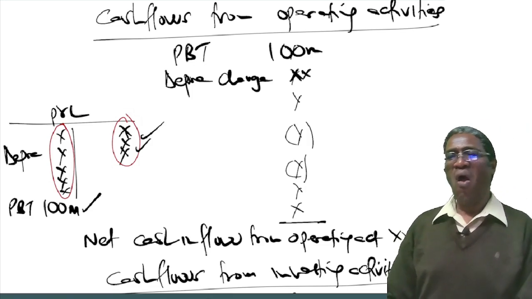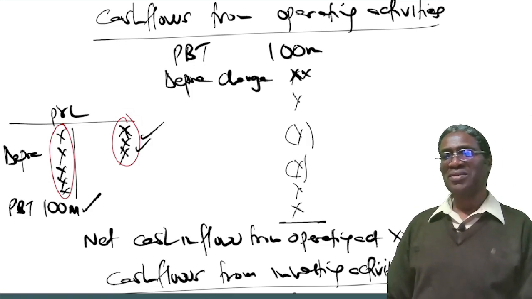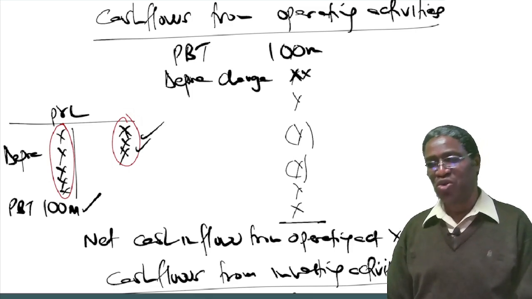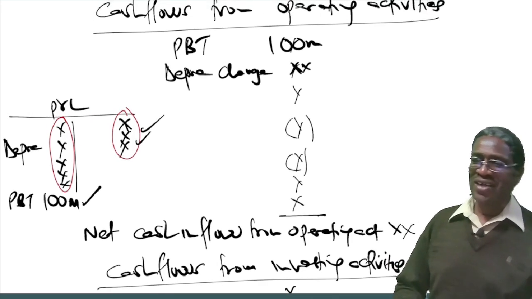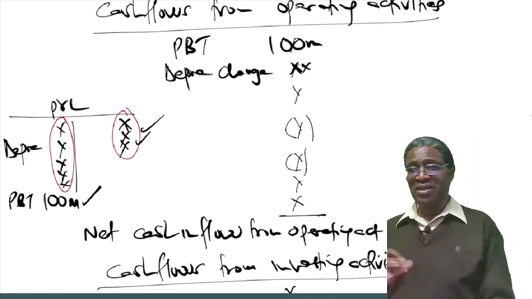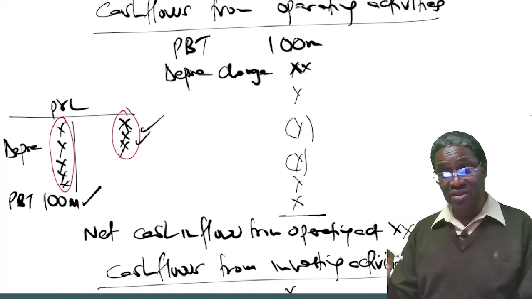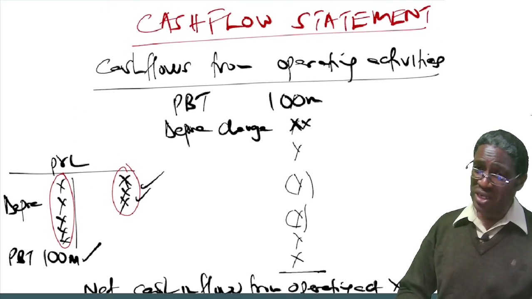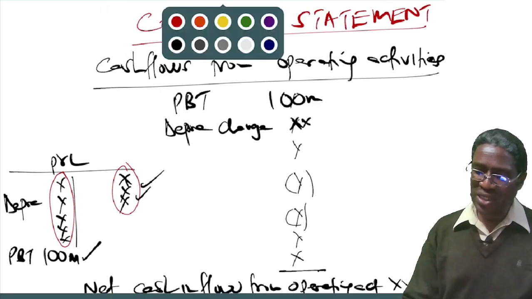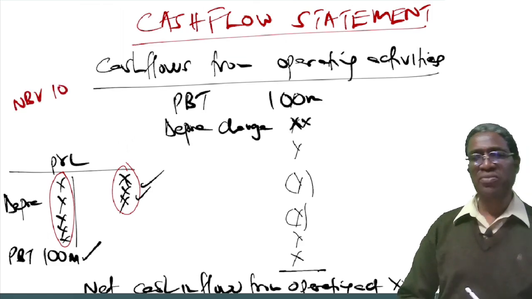Another non-cash item: disposal of an asset. Okay, disposal of an asset. I hope you are not meaning the cash you received. No. When you sell an asset, let me assume you had an asset which had a net book value of 10 million.